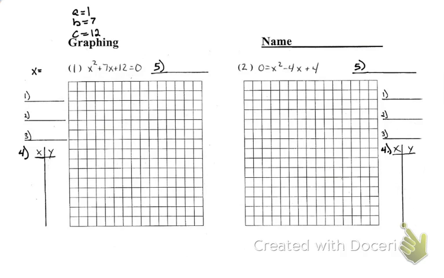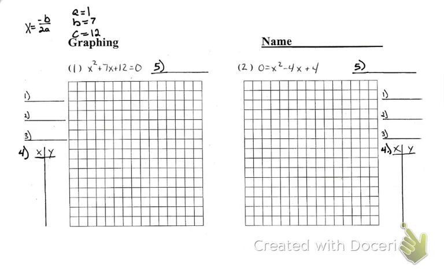We learned that that equation is x equals negative b over 2a.